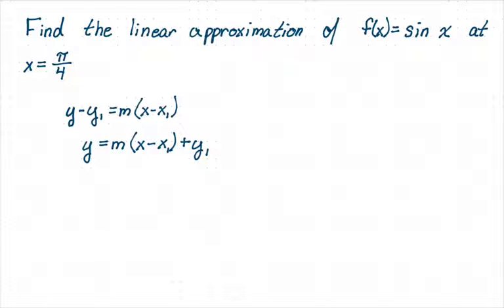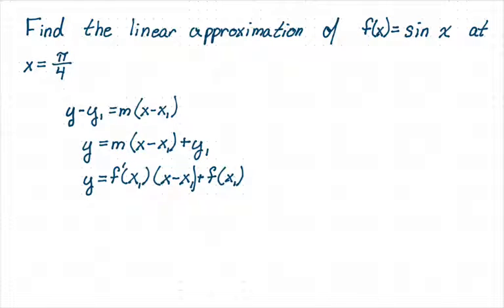Now remember that m is the derivative of the function at the x1 value, and y1 is the function value at that x1 value. And so there is our linearization.